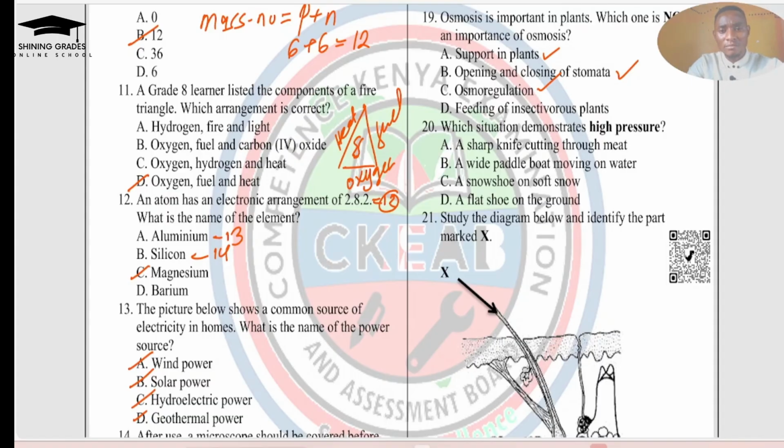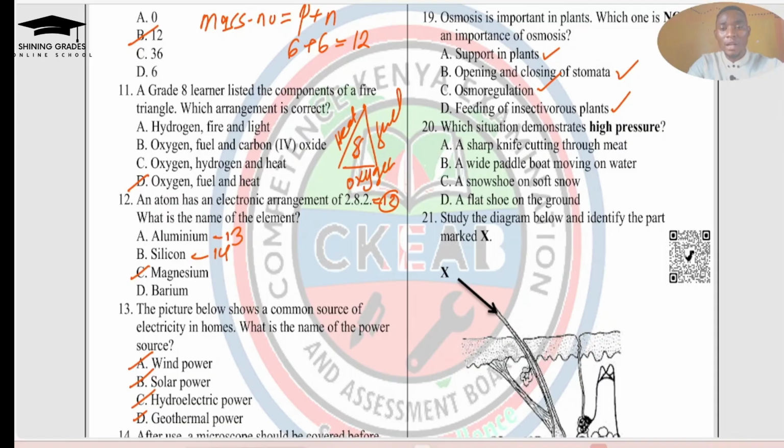Remember, it leads to open or to close. We have guard cells that gain water, they bulge, enabling opening and closing of the stomata. And we have feeding of insectivorous plants, common in those plants that feed on insects.